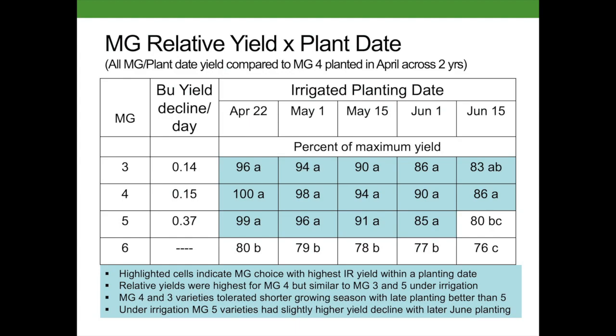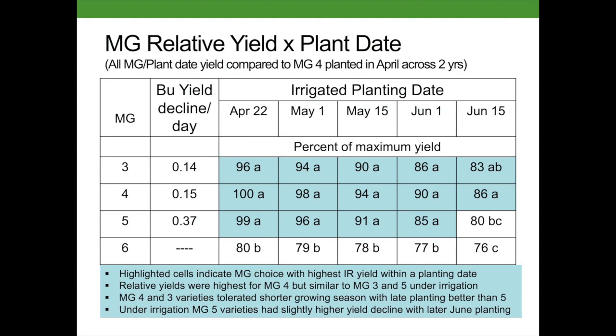When we get into that mid-June window, we start to see a little bit of separation between how the fuller season varieties did compared to the shorter season varieties. A group 5 is still a great soybean for Tennessee and a good late plant option.